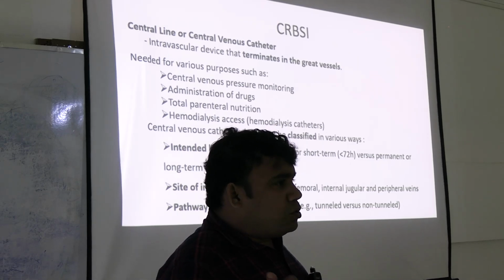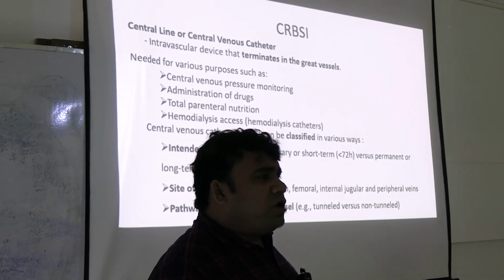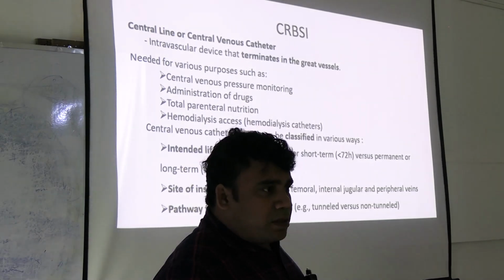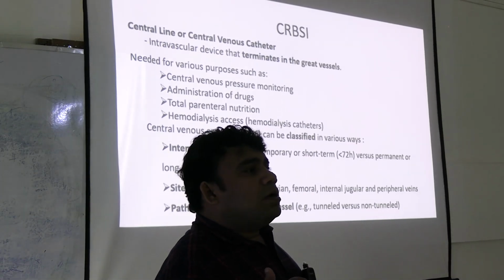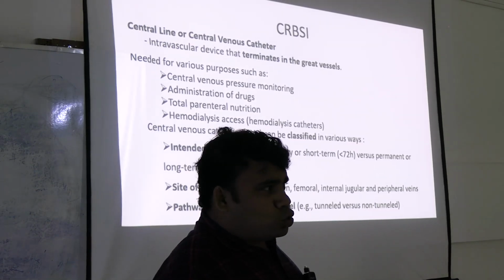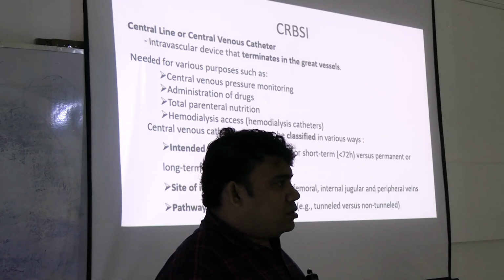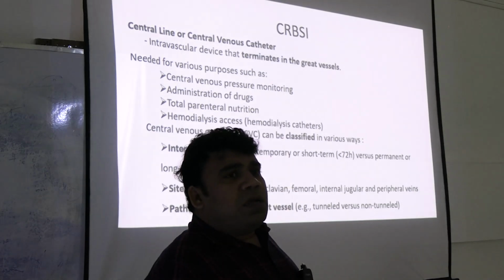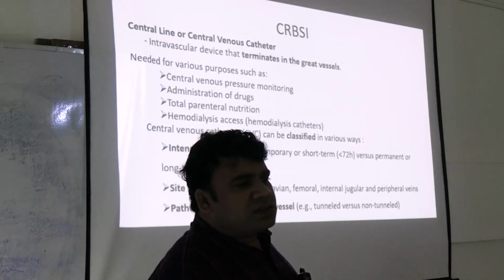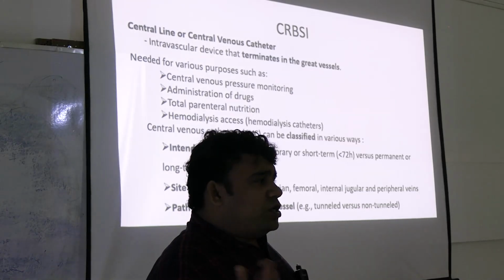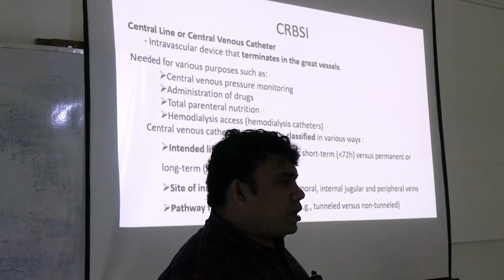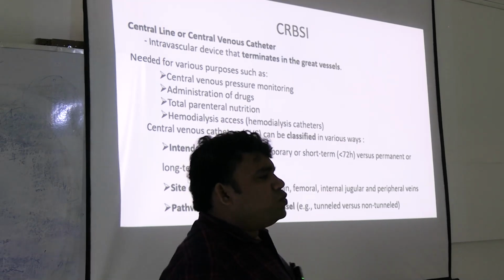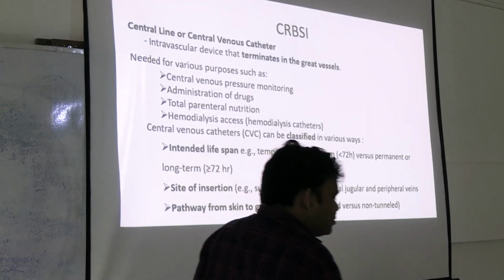This sort of drug we need to give directly into the central line for better efficacy. Or we need to give TPN, total parenteral nutrition, or some drugs which are very viscid. If we give these to the peripheral veins, obviously the veins will get thrombosed. So in many scenarios, we need to place the catheter.